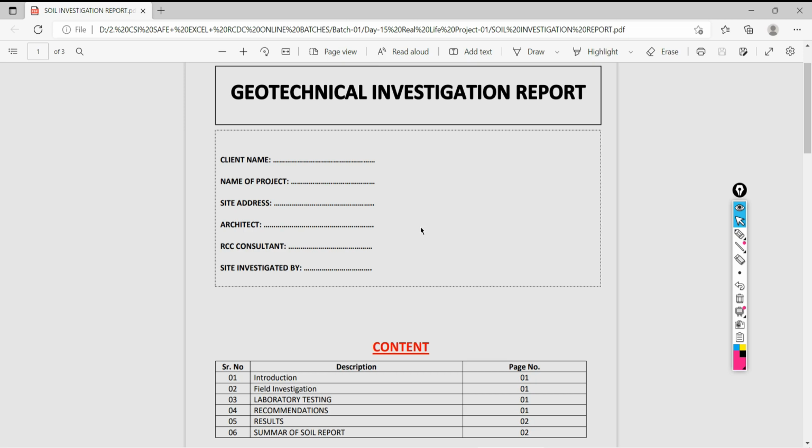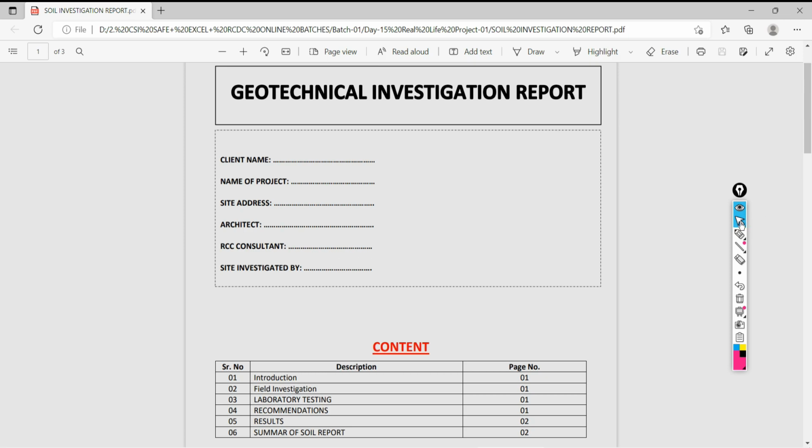The client name will be there, name of the project, site address, architect, RCC consultant, and site investigated by. Sometimes in a big organization of soil investigation, different engineers visit the site, so which engineer has visited the site and prepared this report is also written here.